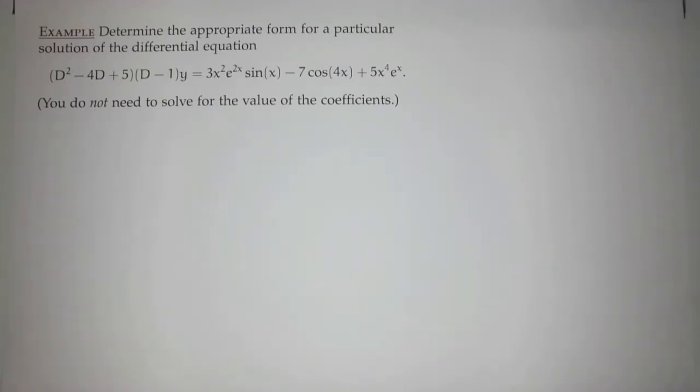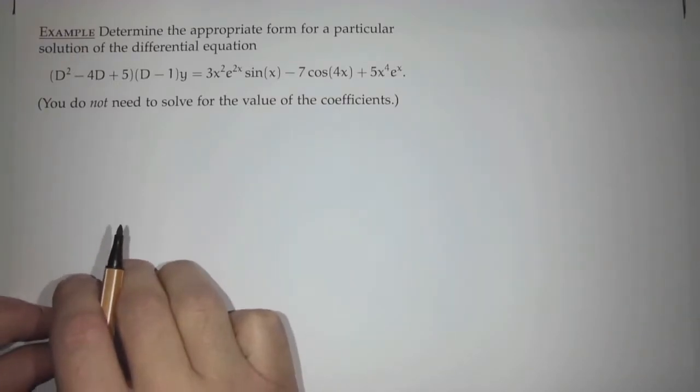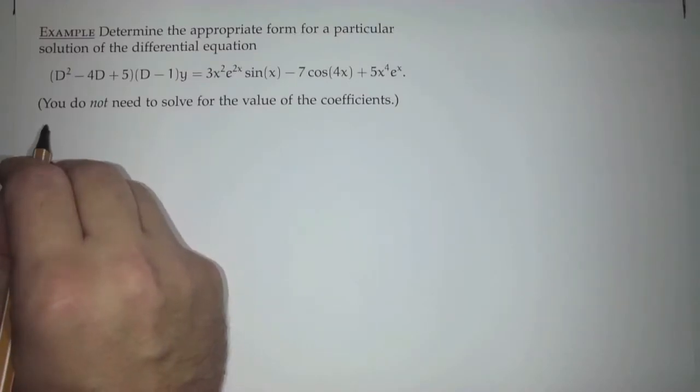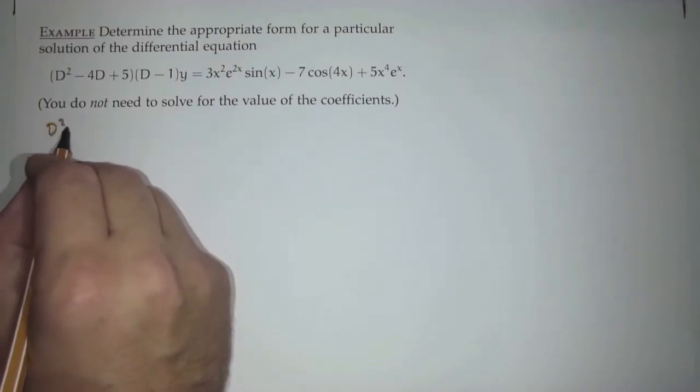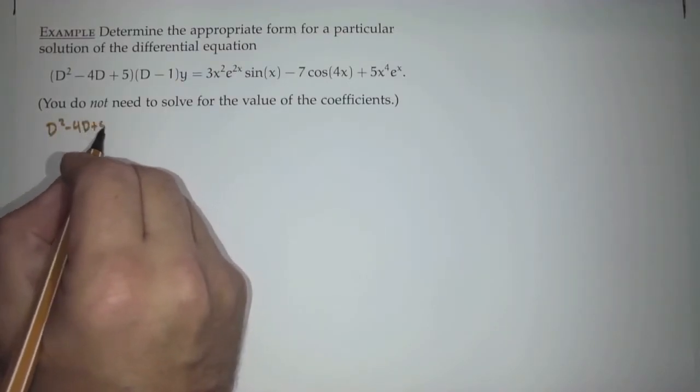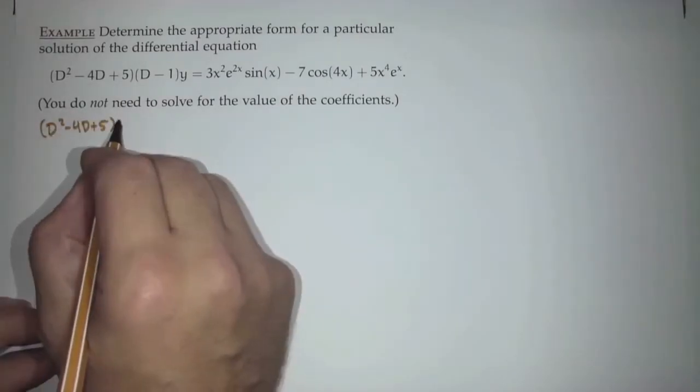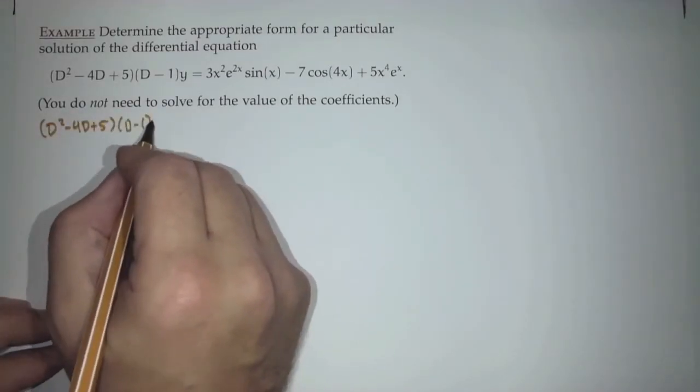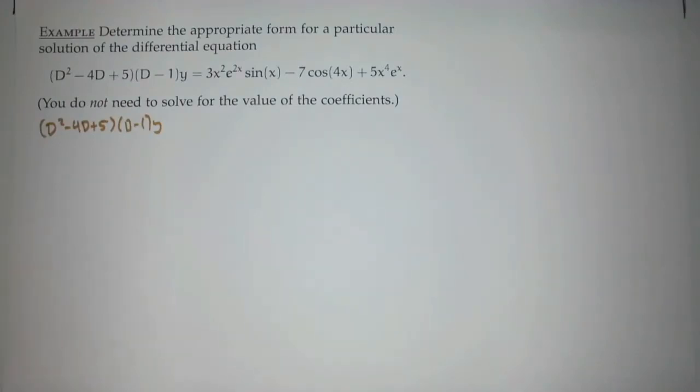All right. Well, where do we begin? Okay, finding the complementary solution. So we start with our differential equation. Now we could have, by the way, been given this differential equation in terms of y triple prime, something y double prime, something y prime.